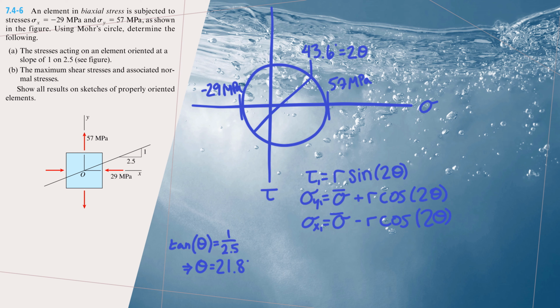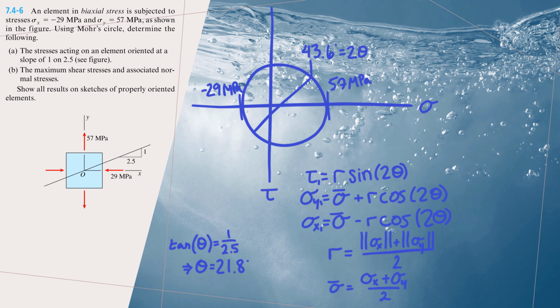My sigma is going to be my radius times the cosine of that component plus or minus the average location. So you can look at the center of my circle, that's my average stress, and then if you add or subtract r cosine 2 theta, you can see that that would be our horizontal component of these coordinates.